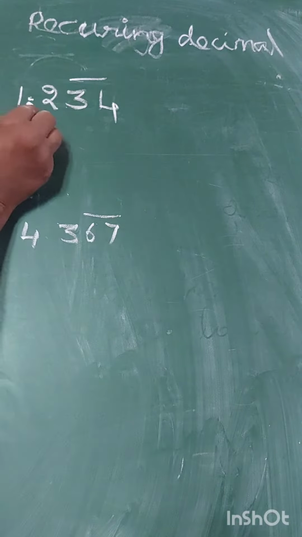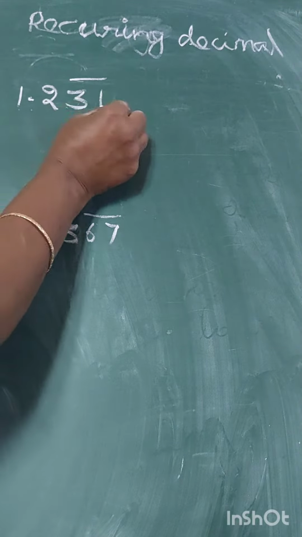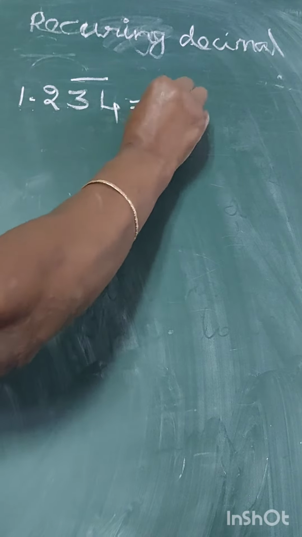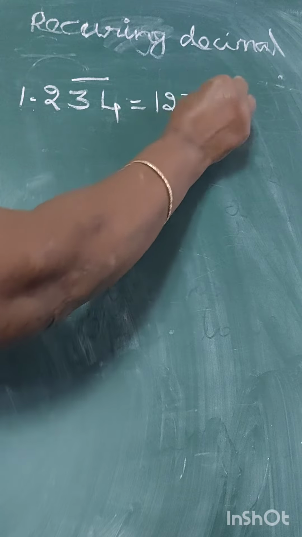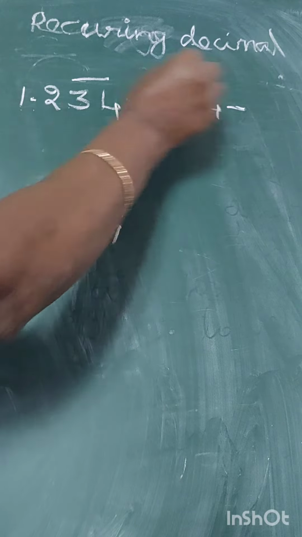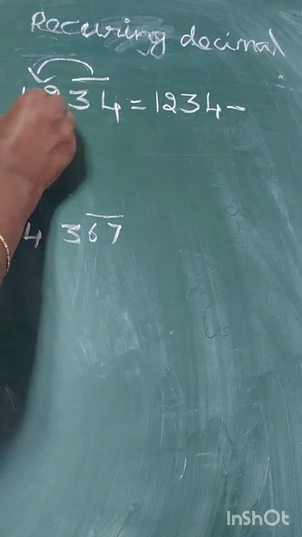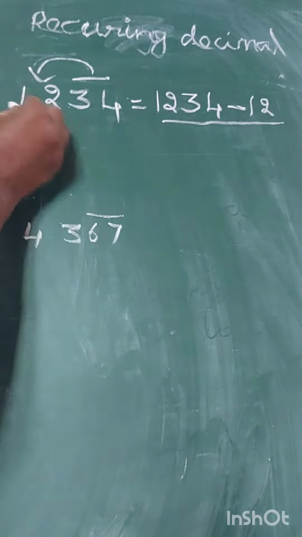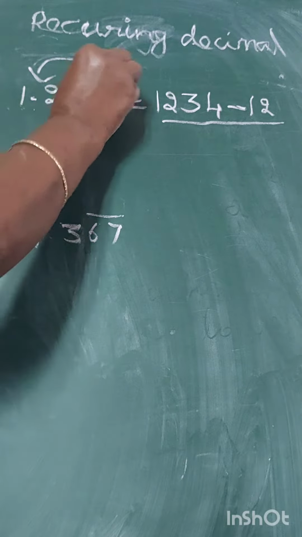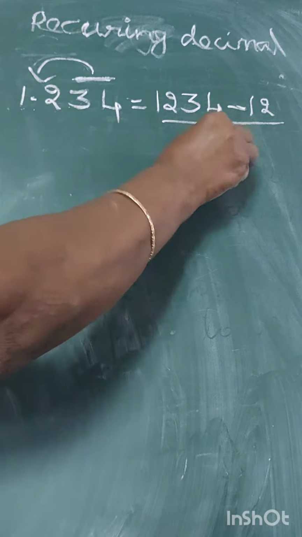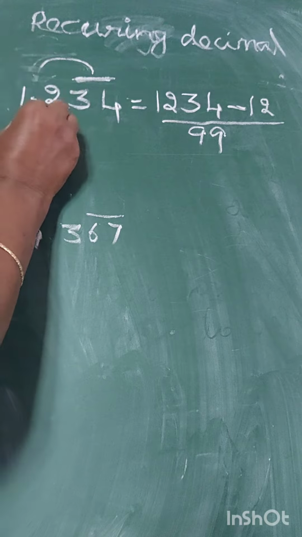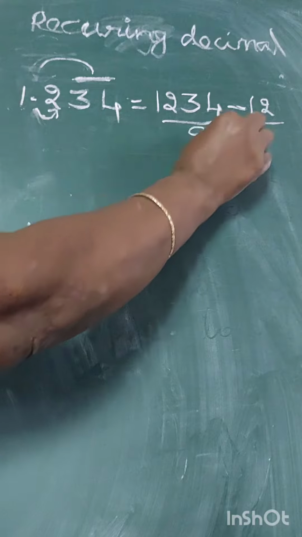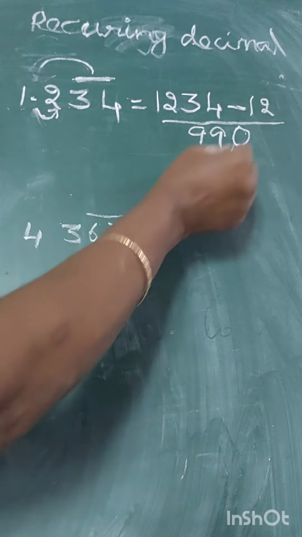Recurring decimal: 1.234 with a bar. It will be written as, first we write the whole number, 1234, minus the number before the bar, which is 12, divided by, here a 2-digit number is the bar number, so 99, but the point will be, after the point there is one number, so we take 0.